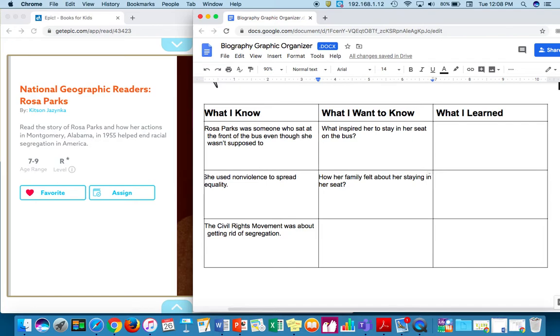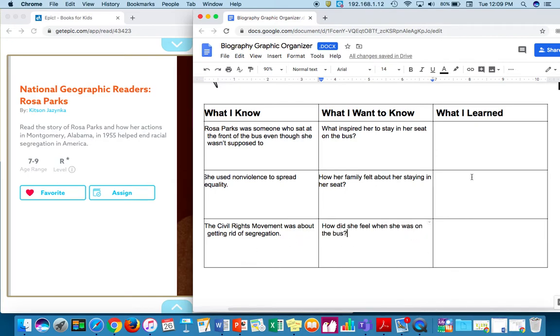So how did her family feel going into this? And maybe I want to know how she felt when she was on the bus?